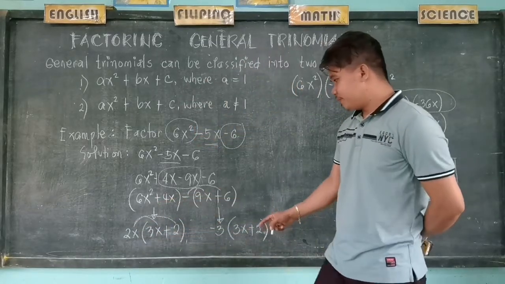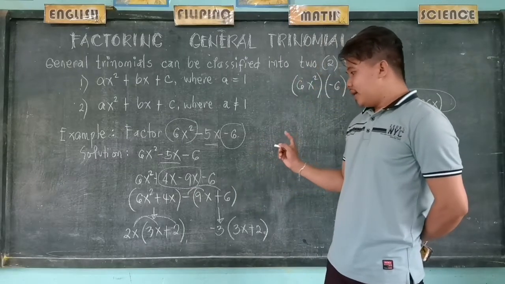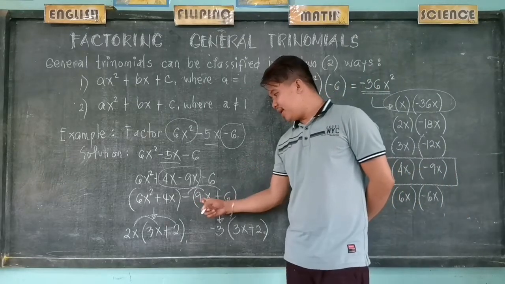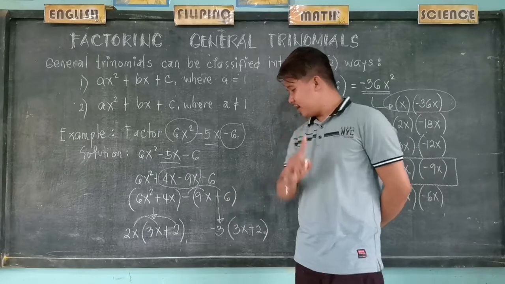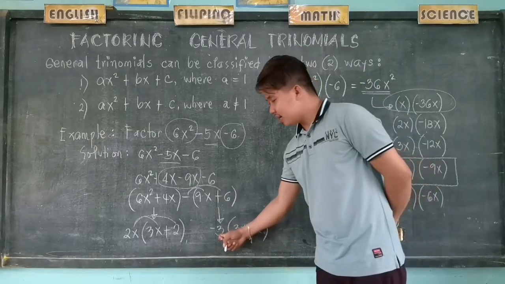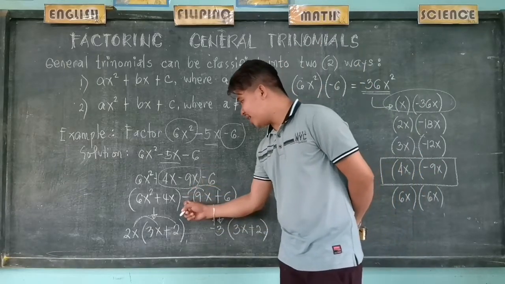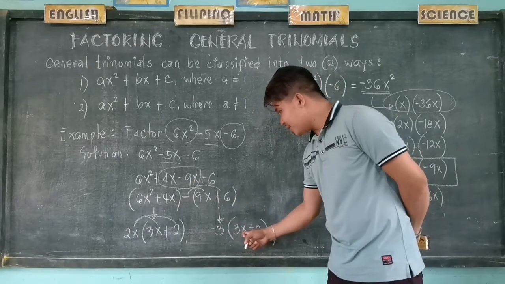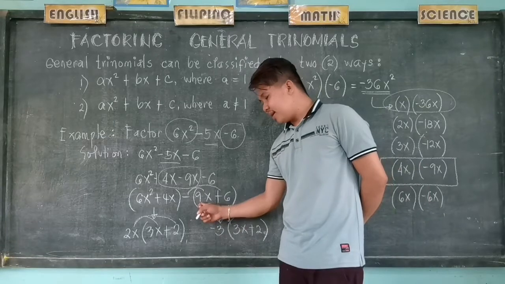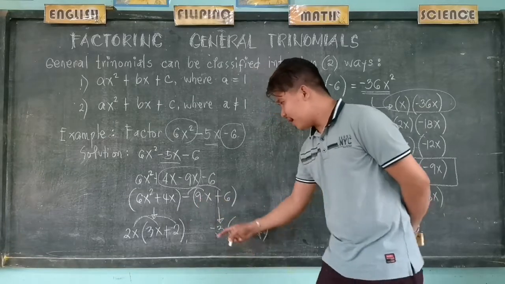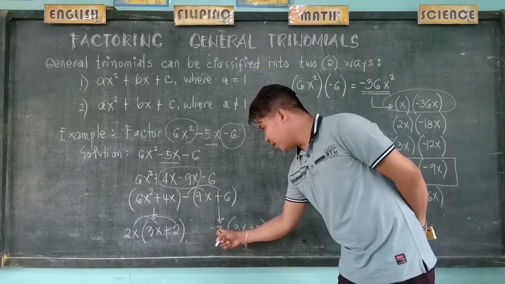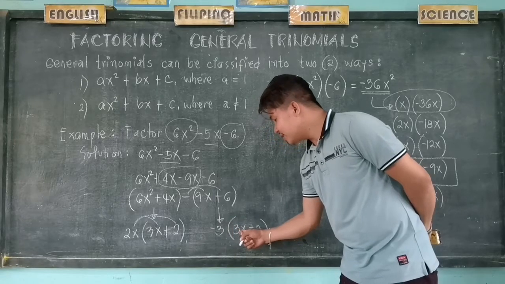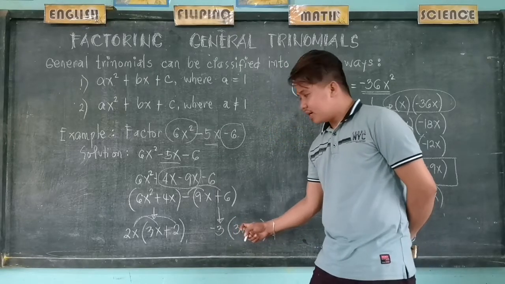The second group, what is the common factor of 9 and 6? The common factor is 3. Since we already have a negative in here, we have negative 3. We will multiply it by 3x in order to get 9x. Negative 3 times 3x, the result is negative 9x.